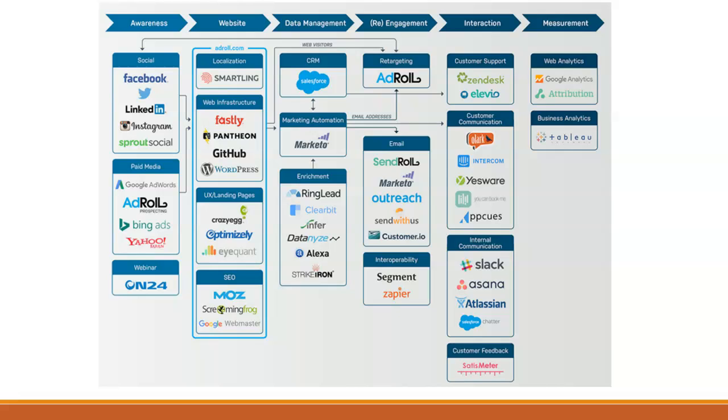This is another example of a technology stack. So here we have our CRM, and we use Sprout Social for our social media management. So Sprout Social is very similar to Hootsuite in that it will help you do content and data analytics for multiple social media.